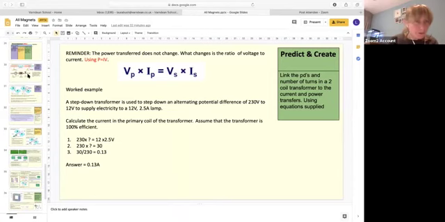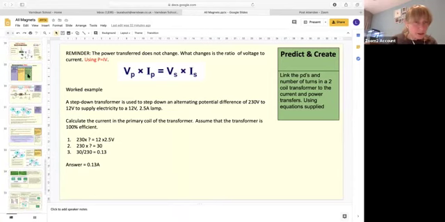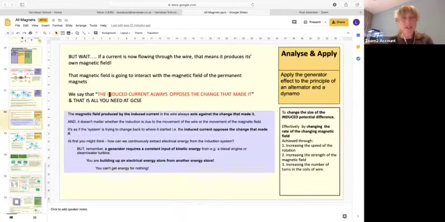Okay, so I went through this, and I said the only thing that you need to know here is the induced current always opposes the change that made it. All that means is that the direction that the current flows is that it always opposes the thing that induced it in the first place.